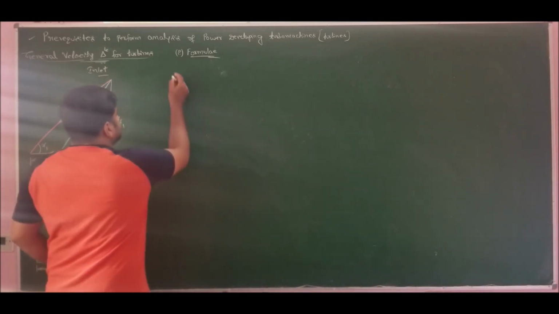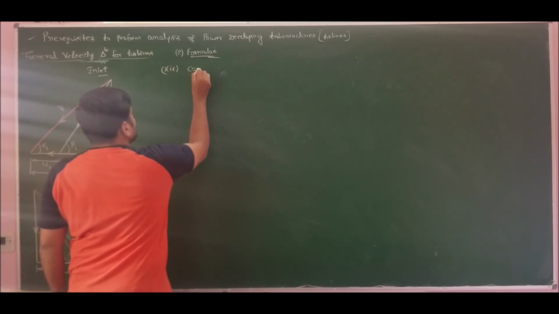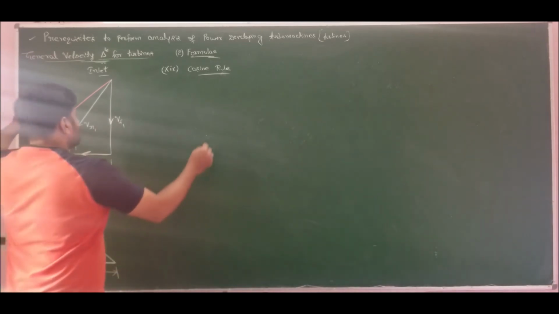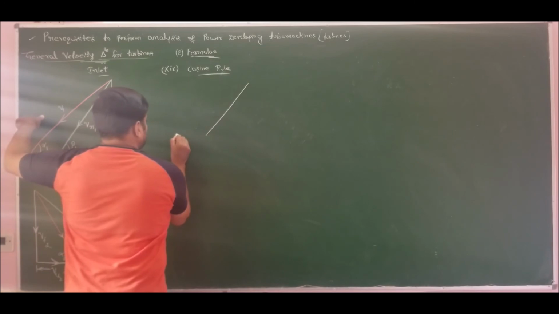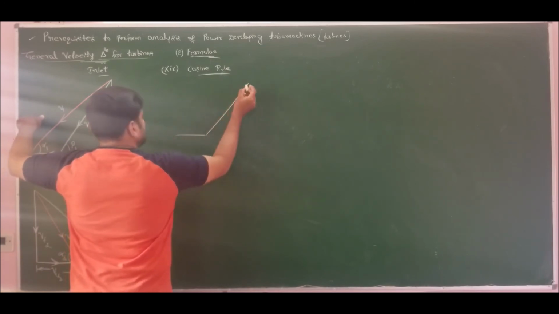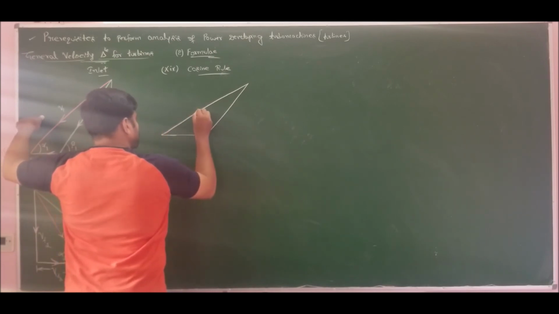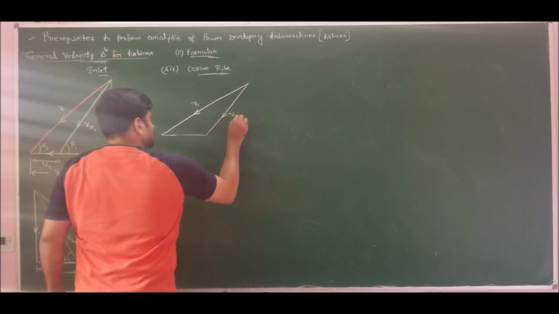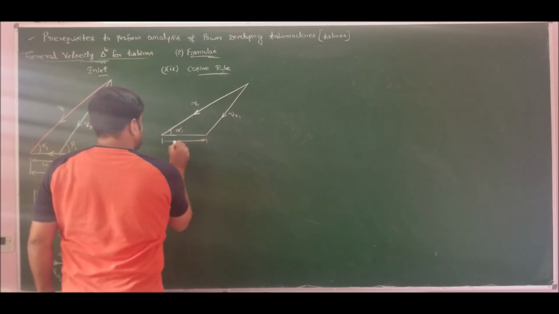Next, moving for 19th one, that is cosine rule. Apply cosine rule for inlet velocity triangle itself. I can demonstrate by taking V1 and VR1, with angle alpha 1 and base U1.